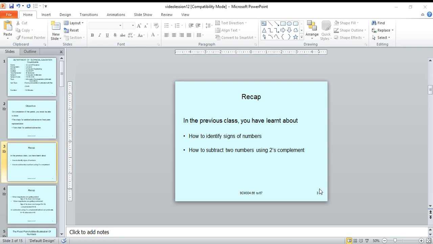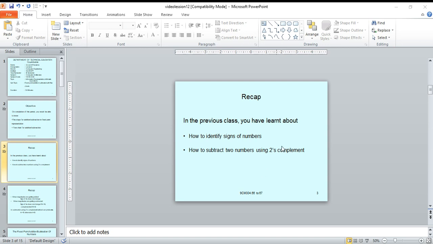Whether in the addition operation or the subtraction operation, how can you do the subtraction of the two numbers? Whichever number is going to be subtracted from the other has to be written in two's complement form.